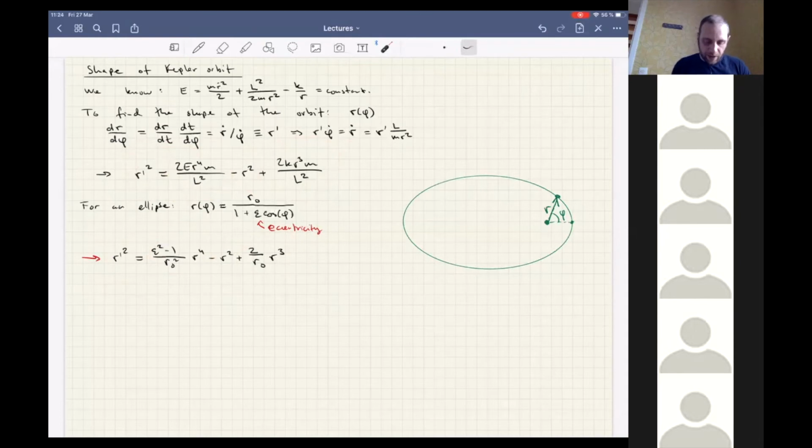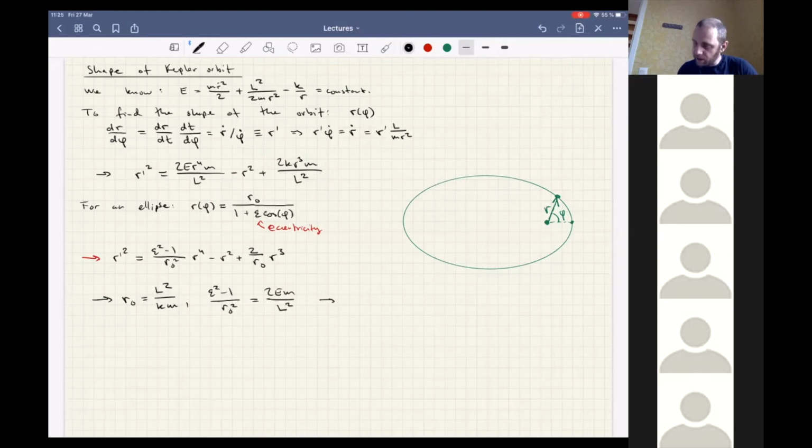So by identifying this coefficient with the coefficient of r cubed here, and this coefficient with the coefficient of r to the 4th here, we can identify the coefficients of this ellipse. So this is going to give us that r0 is L squared divided by Km, and (epsilon squared minus 1) over r0 squared is going to be 2Em divided by L squared.